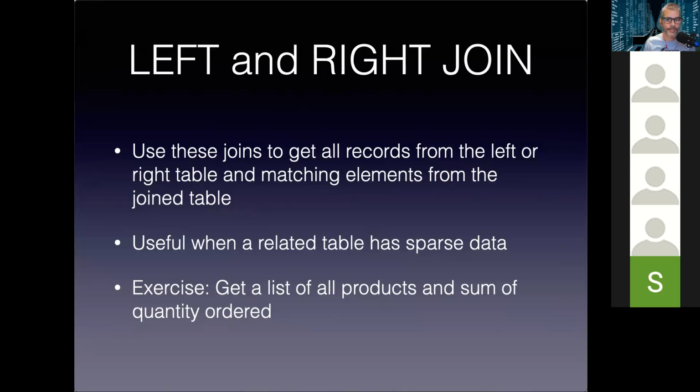That's less common than a left join, just based on the way that folks typically type queries, but you can do it either way. And it's useful when the table that you're relating to has sparse data, meaning that not every piece of data that could exist does exist.